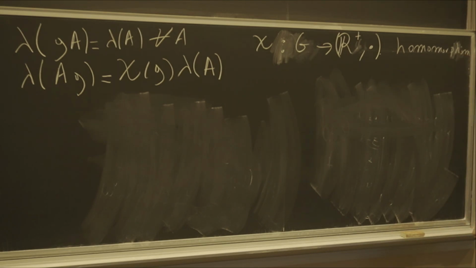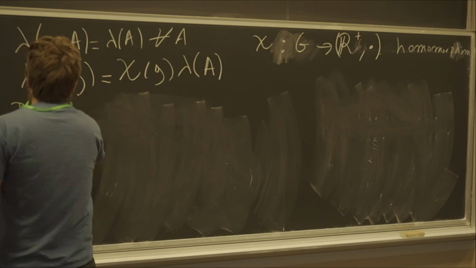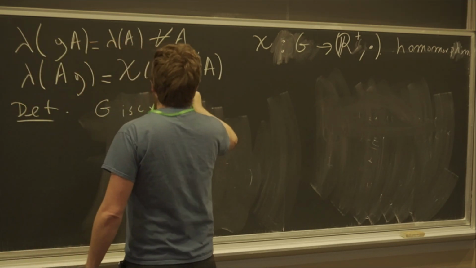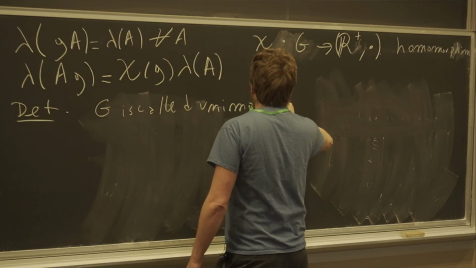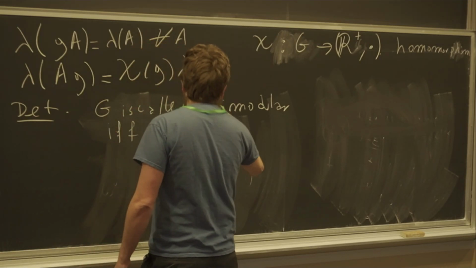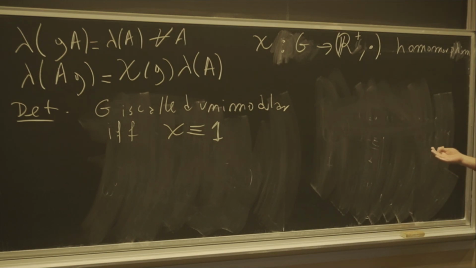Okay. Now I will give a definition and an example. G is called unimodular if chi is identically 1, so when Haar measure is both left and right invariant.